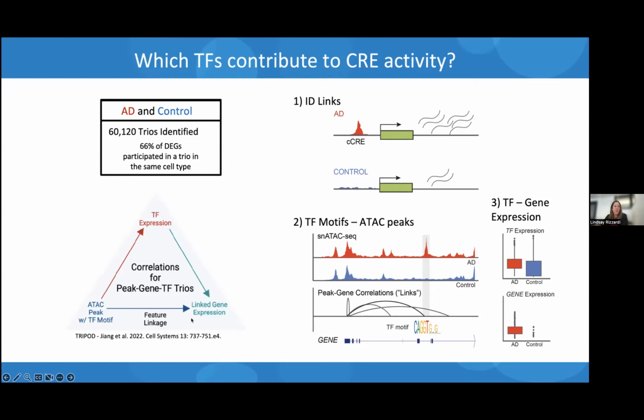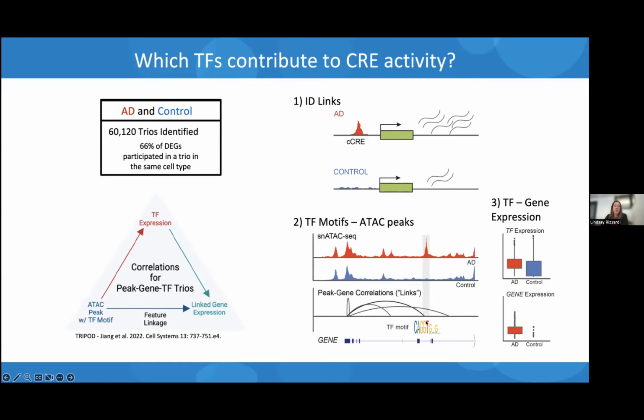So we've already established these linkages between ATAC peak accessibility and gene expression. That's illustrated here in one. We're identifying linkages. Then we look at each linked peak for a transcription factor motif, and then look to see if the accessibility of that peak was correlated.